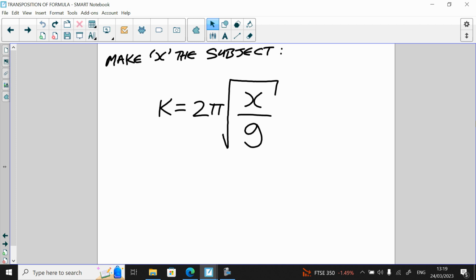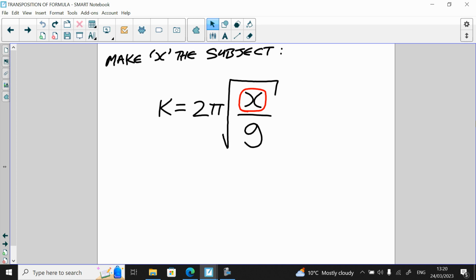Right. Okay. You all seen this part here. So this looks quite complicated. So you get 2 pi times the square root of x all divided by g. So we want to hit a target, which is x. So identify where x is. Identify what is affecting x immediately.